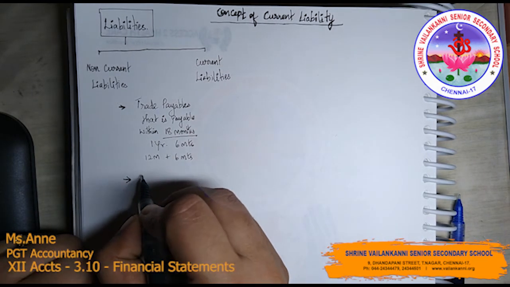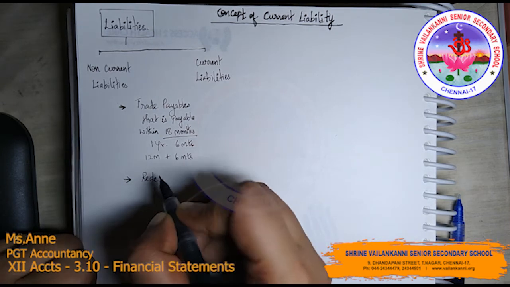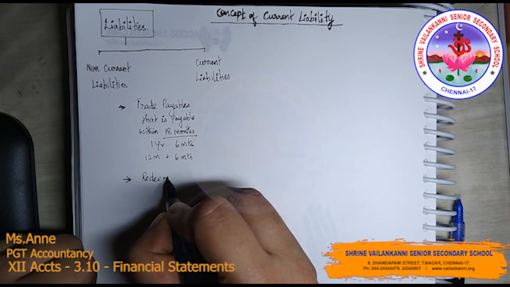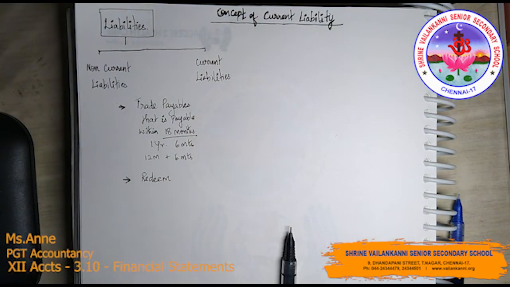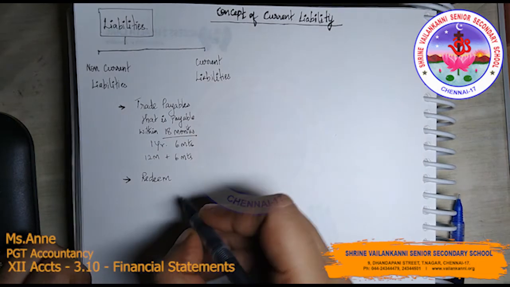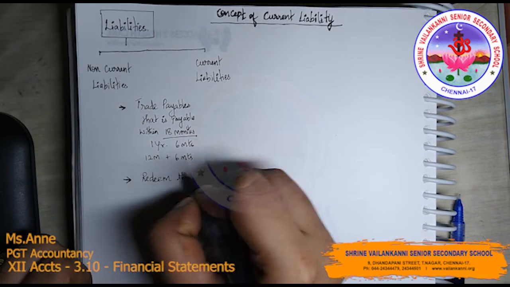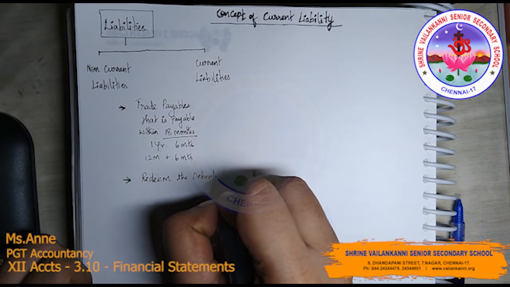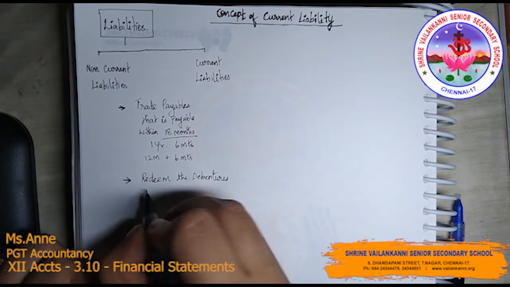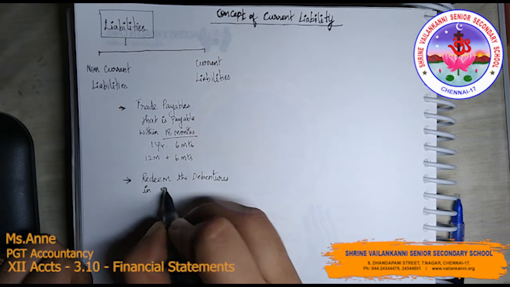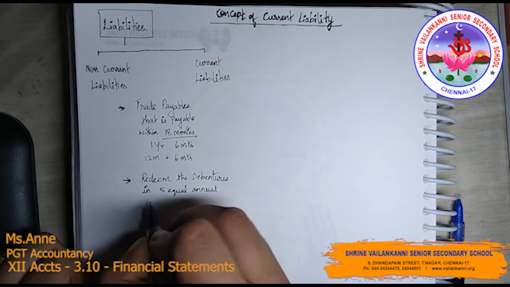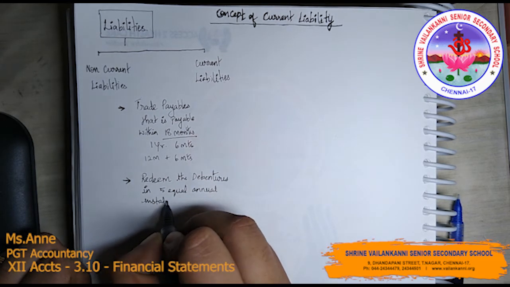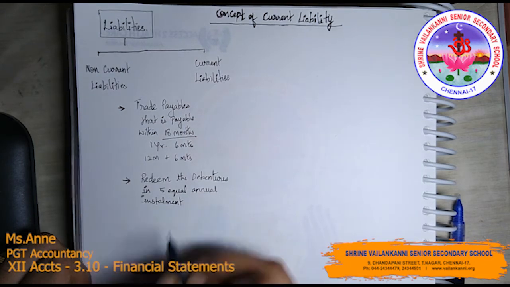Say for example, suppose you want to redeem the debentures in 5 equal annual installments.